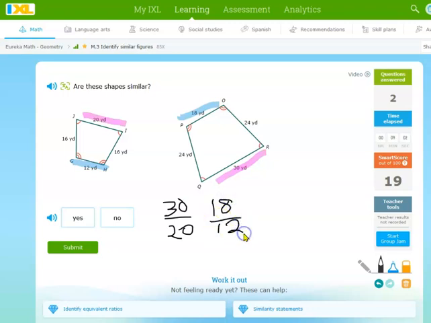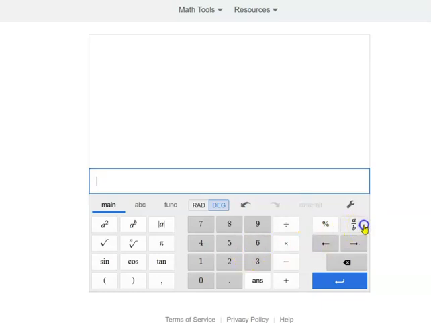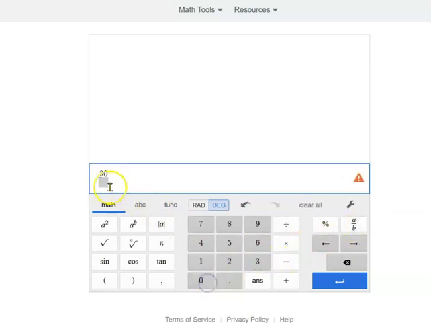All right. Now, these are clearly not the same fraction, but are they equivalent? Let's go test it. So we have 30 over 20. And that's equal to 1.5, or it's equal to 3/2 when I click on this button.